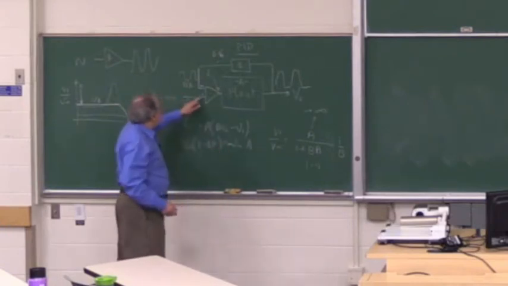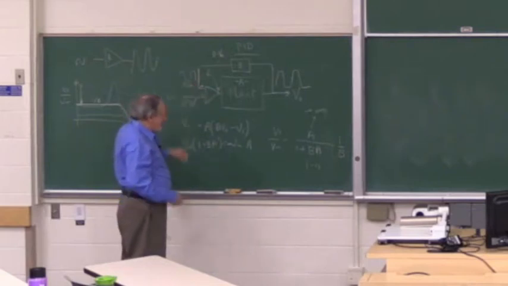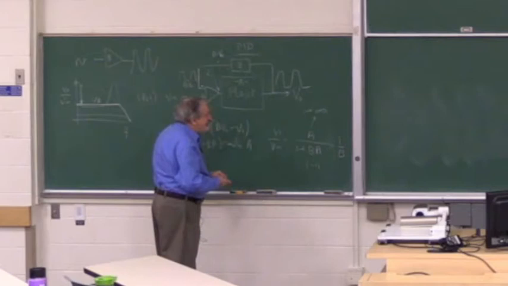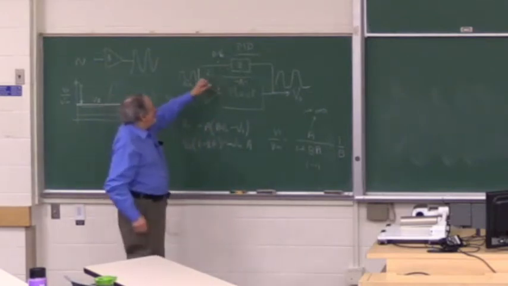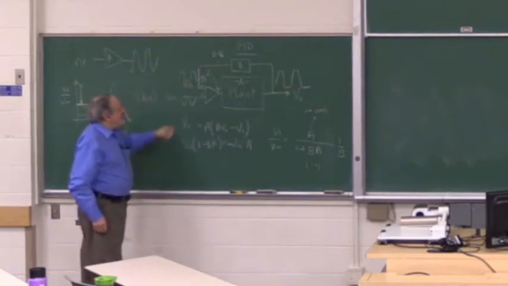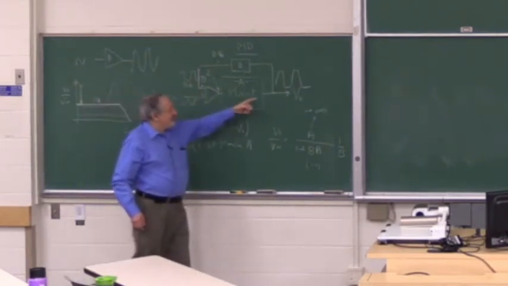Let's say both are plus. This is minus plus, and this is a difference. Let's say if I have a colored chalk, it's clearer. So let's say that somehow, because of phase shift, this becomes plus instead of minus. So this, instead of subtracting, adds up to the input and becomes bigger.